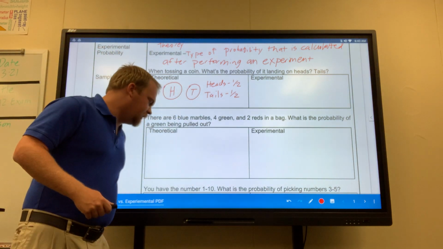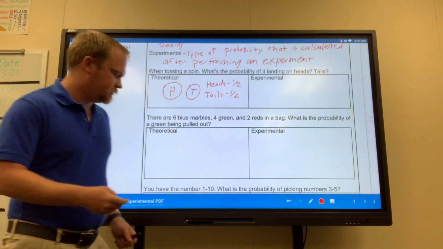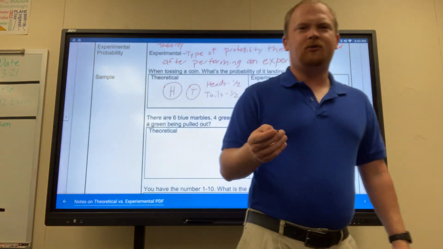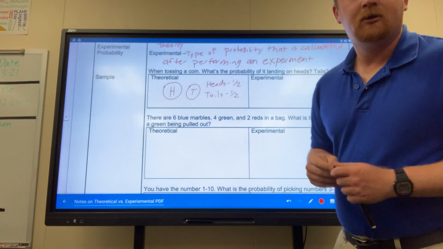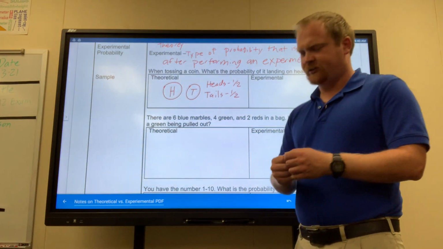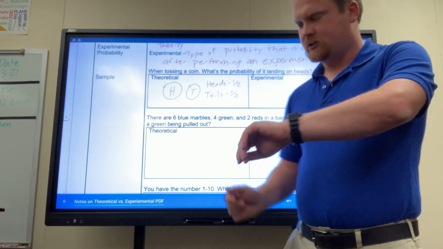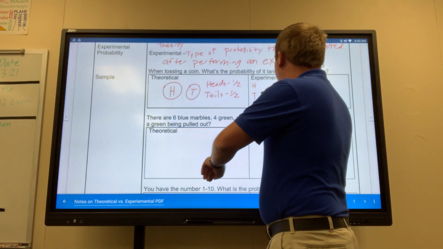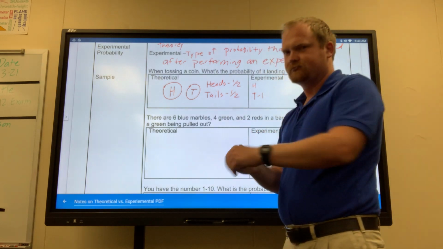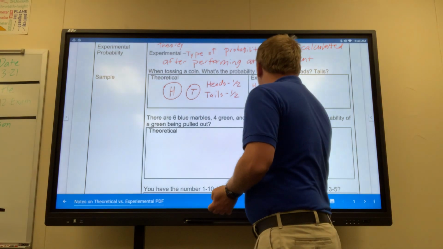Now, if I do experimental, and I know I got a coin here, I can do this several times and figure out the probability. So for example, let's say we do this about 10 times. So what I'm going to do, heads, tails, so I already got tails. Tails again.